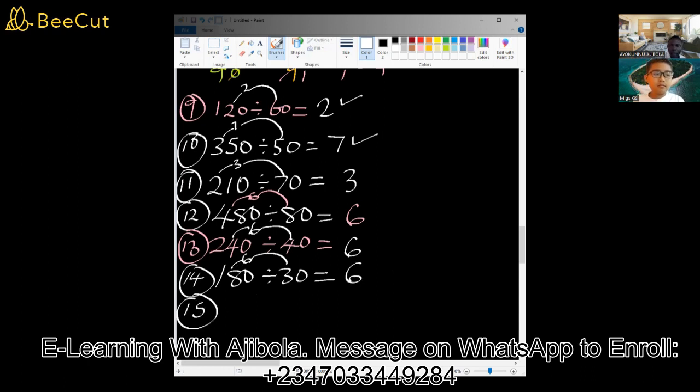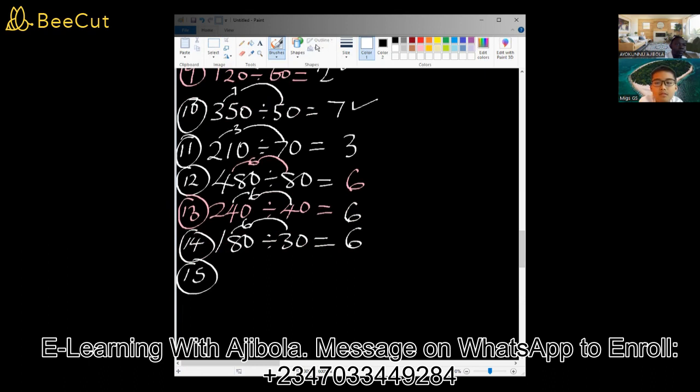Fine. Now number 15. We want to do 97 divided by 20, okay? We have this, we have this, and we have this. So 97 divided by 20. How many 20 can you see in 97?